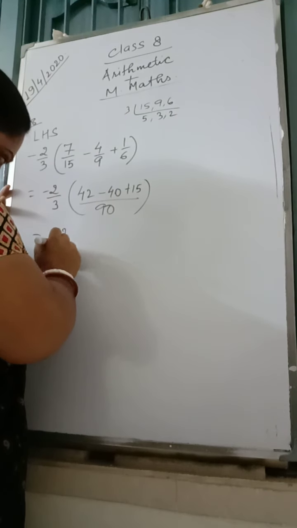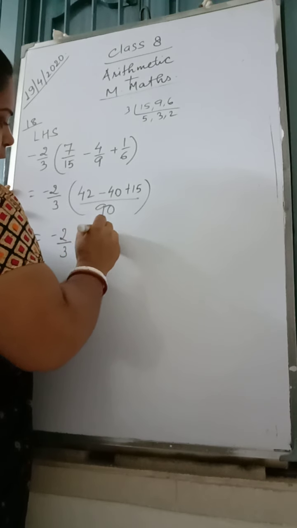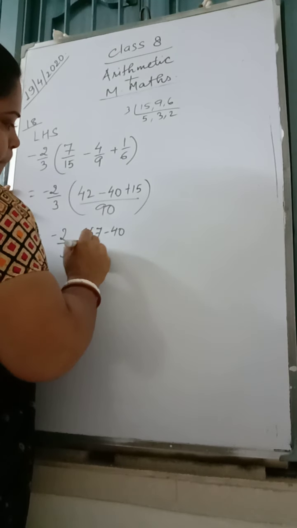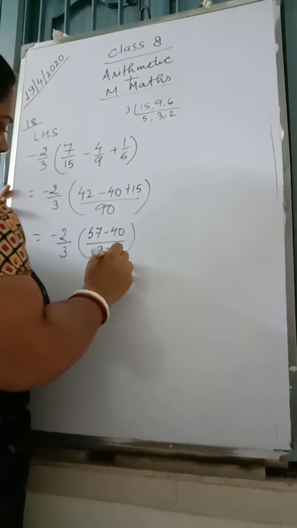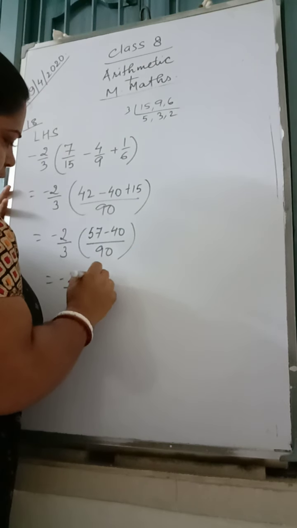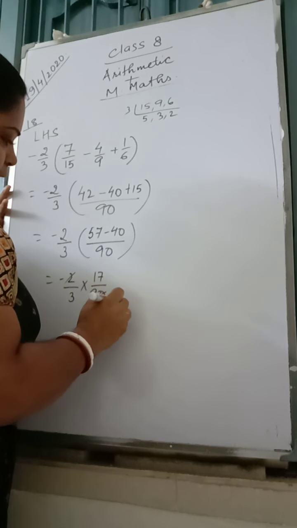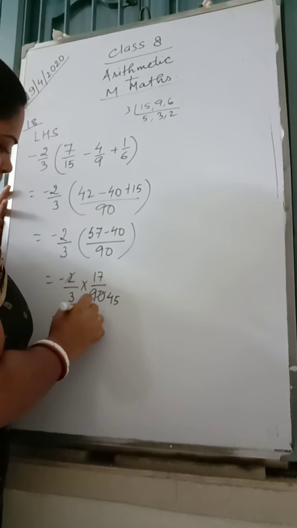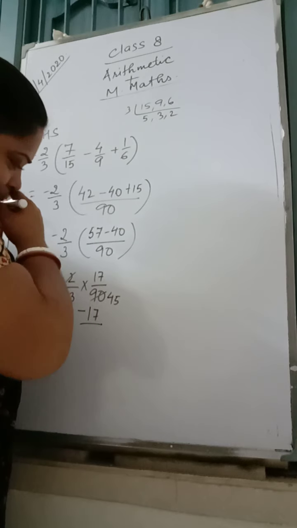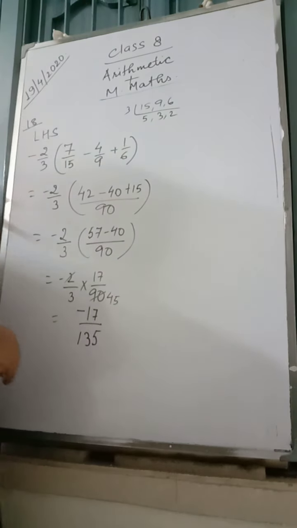And it gives you minus 2 by 3 into 57 minus 40 by 90, or minus 2 by 3 into 17 by 90. 2 forty-fives are 90, so the answer is minus 17 by 135.